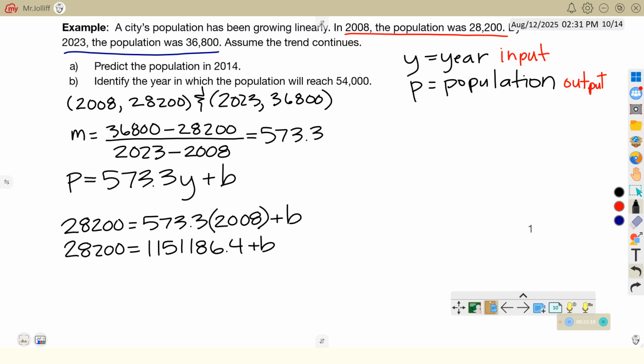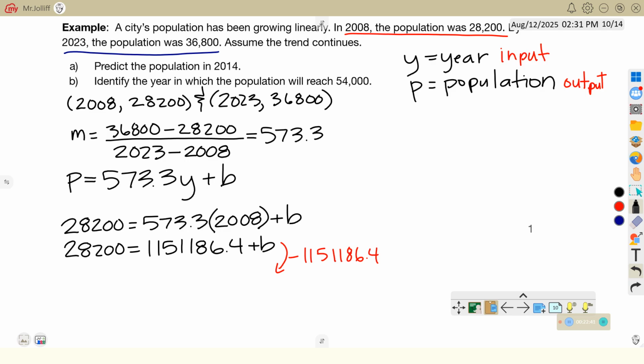Not pretty, but it's correct. That's what my calculator said. I want to solve for b. How do I undo that addition? Subtract. We're going to subtract that from both sides. Yeah. And we're going to get something negative.